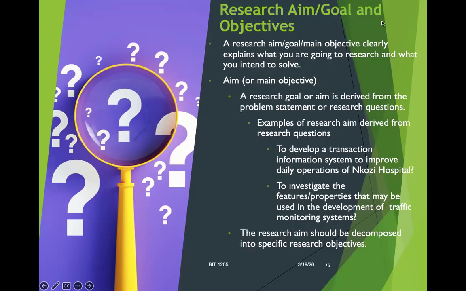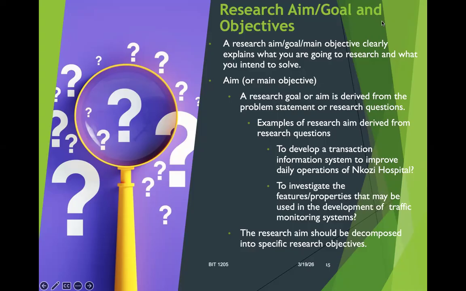The research aim should be decomposed into specific research objectives. Like I told you, each and every main objective must have what we call specific objectives. Now, these specific objectives are the ones that actually contribute to the attainment of the main what? Objective.